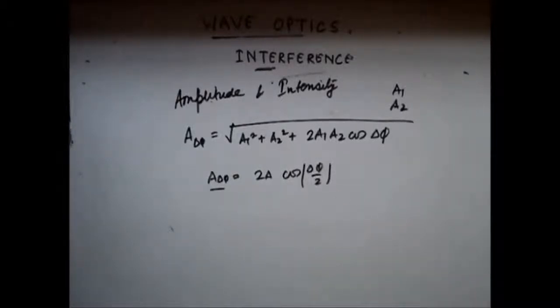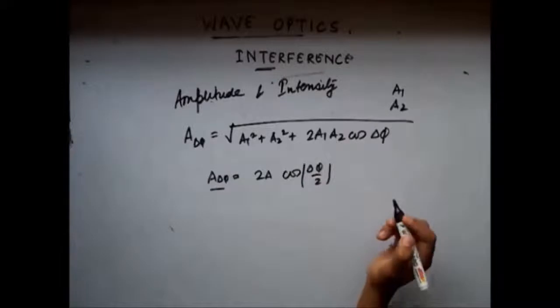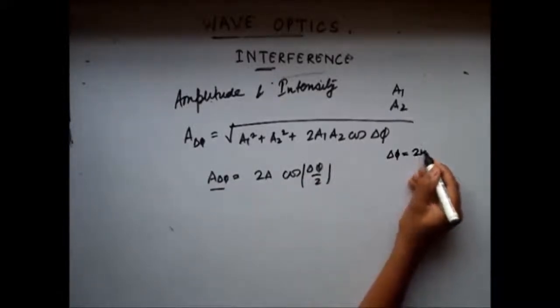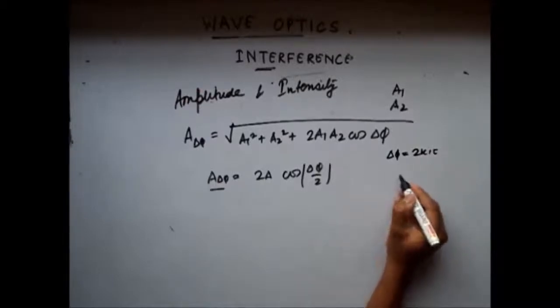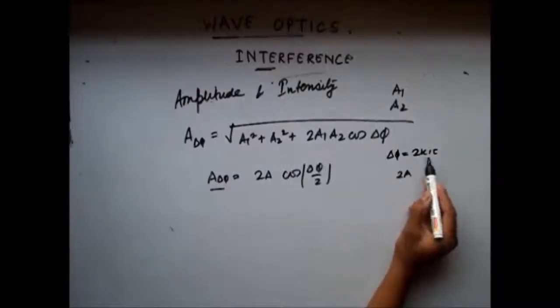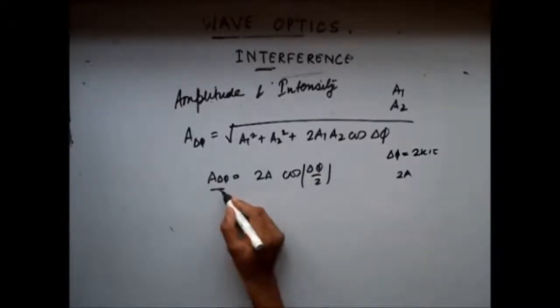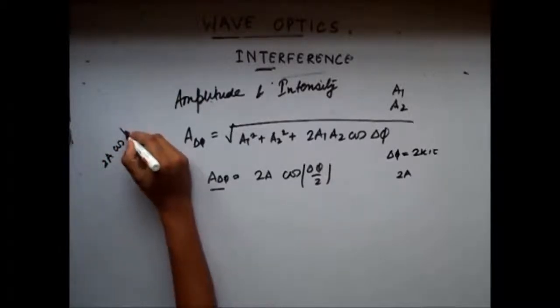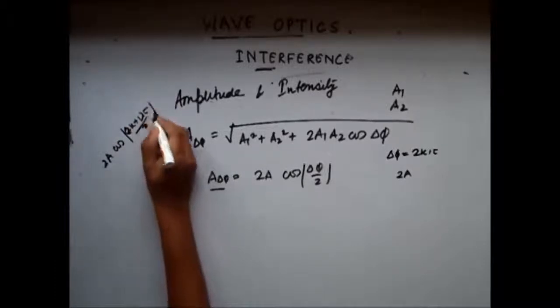When we have constructive interference, del phi is 2k pi, and this becomes 2A. When we have destructive interference, del phi is (2k plus 1) pi. Then the resultant amplitude is 2A cos of (2k plus 1) pi by 2.